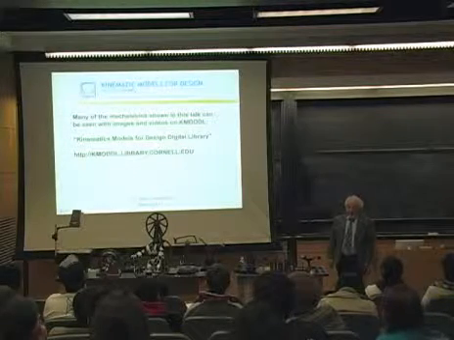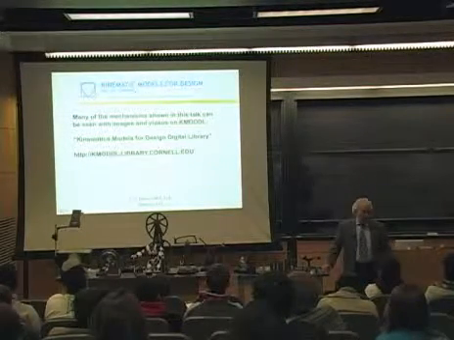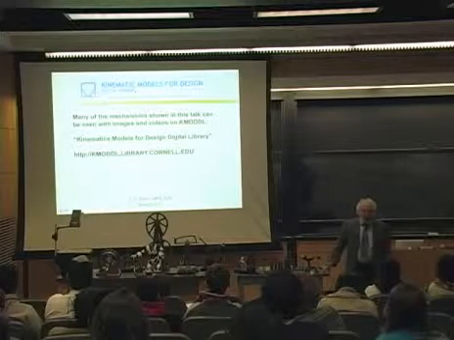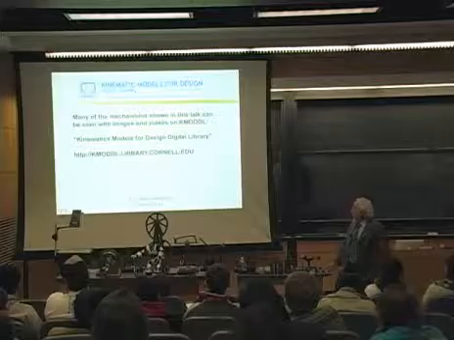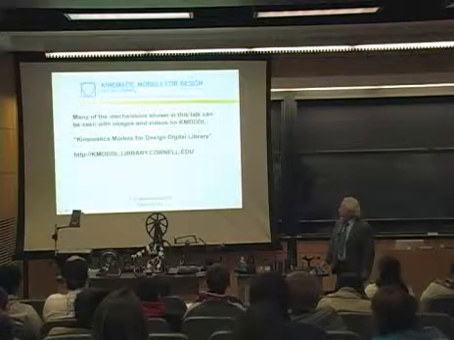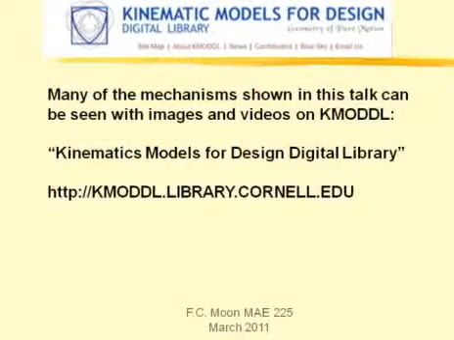So many of these mechanisms, and maybe you've already been taught this by your TAs, but for those who might be away from Cornell, many of these mechanisms can be found on the website KMODDL, which stands for Kinematic Models for Design Digital Library. And the URL is here, but I think if you just Google KMODDL, it will come up.